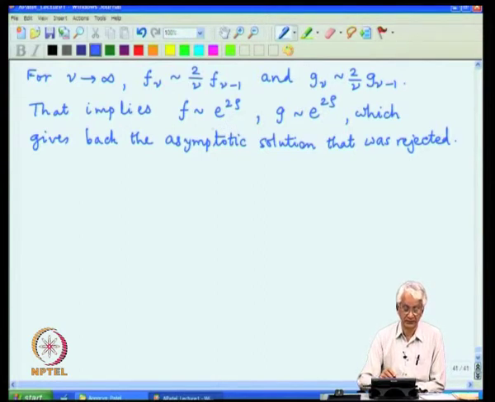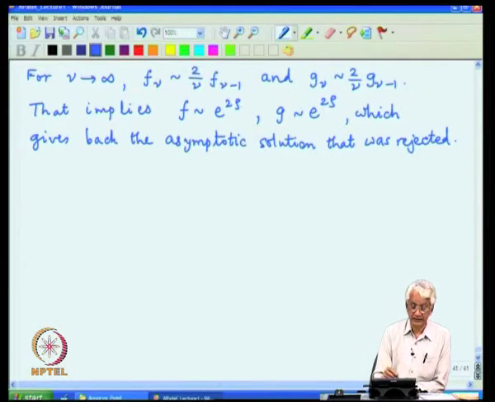If you multiply the two things together it will give e raised to plus rho, which happens to be a solution, but which is not a physical solution that we want. So, we cannot allow this series to go on forever.